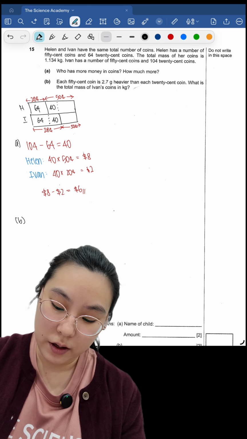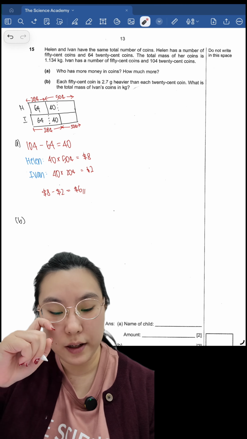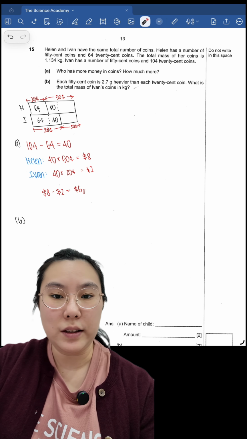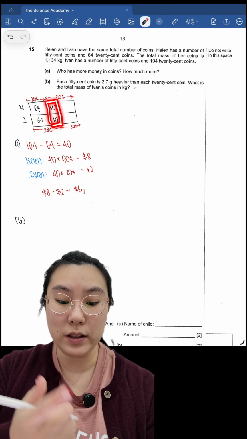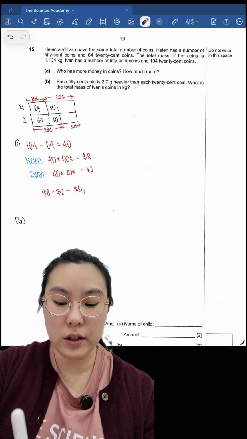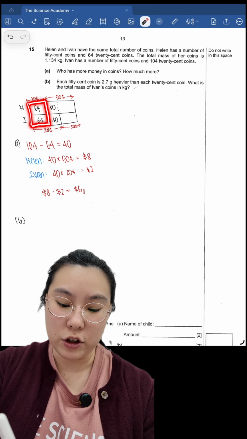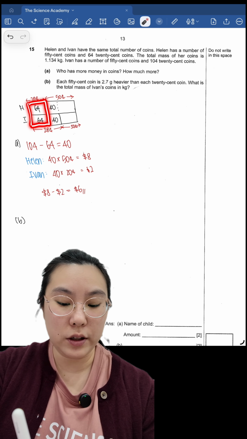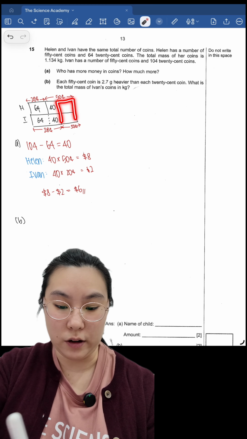Now in part B, this then also builds upon our logical thinking process that the only difference in anything, whether it's the value of the coins or whether it's the mass of the coins, comes from these 40 coins here that are different in value. Because as mentioned, the 64 20-cent coins here are the same, so they do not cause any difference in value.